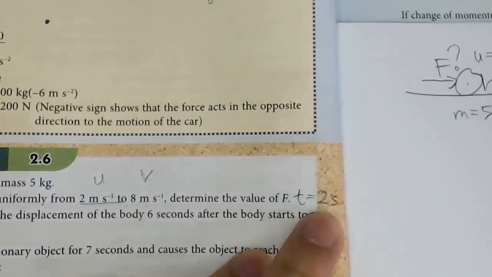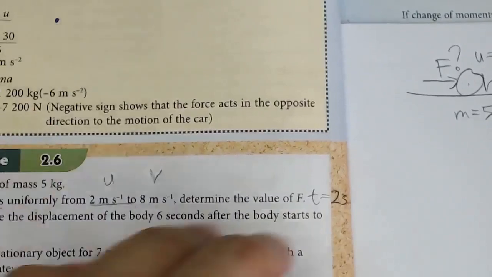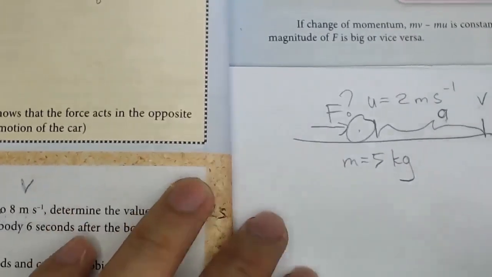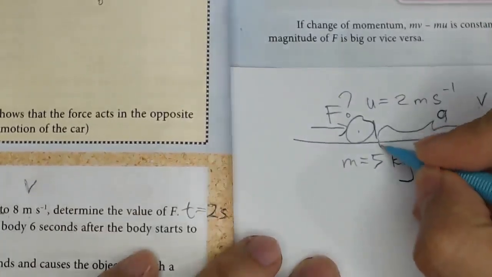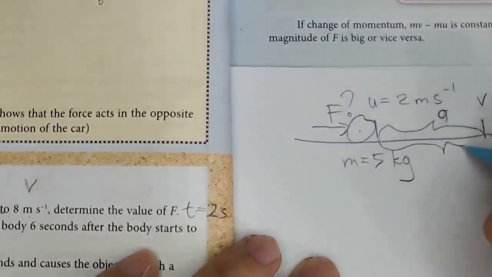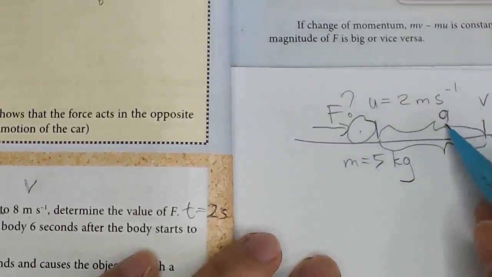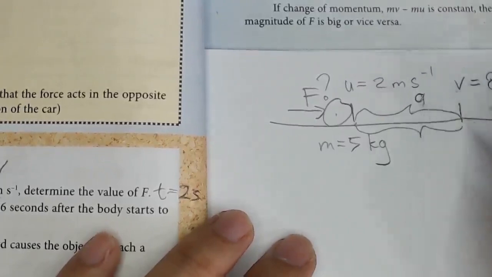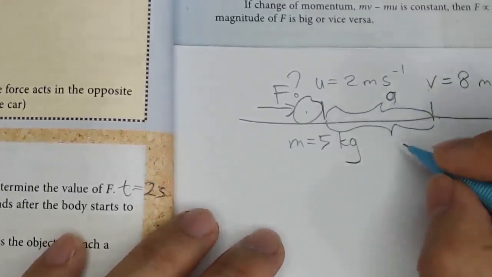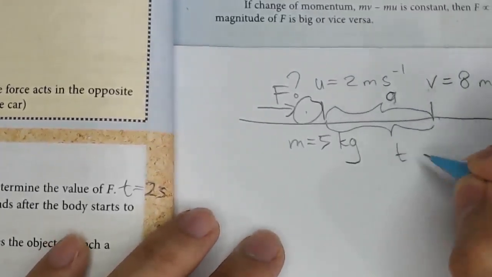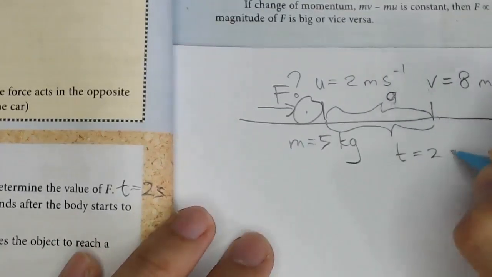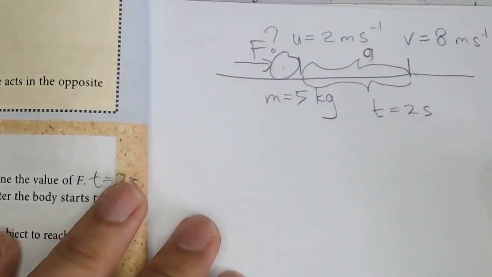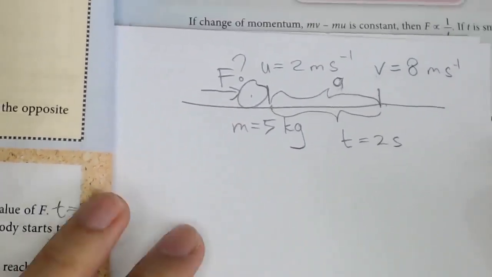If we don't know this, not enough information, even one, then bye-bye. We can never solve any problem. So here it is. We have from this u until this v, which is what we call acceleration. This acceleration happens in t equal to 2 seconds. This is how you are going to relate all of the components.